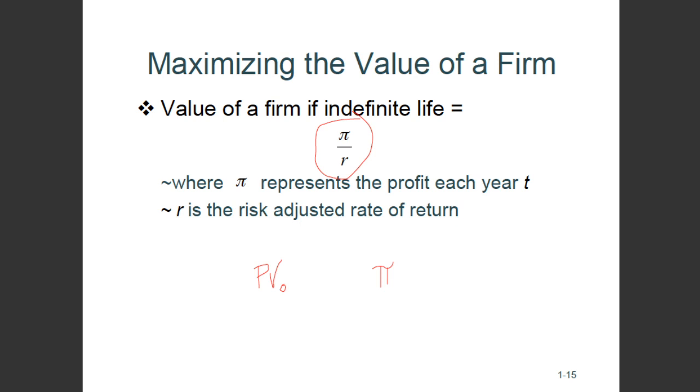So the assumptions here are R is the risk-adjusted rate of return. That's our discount rate that we're going to use. That's the rate of return we expect. And we've adjusted for the risk associated with it. We're using the appropriate one.